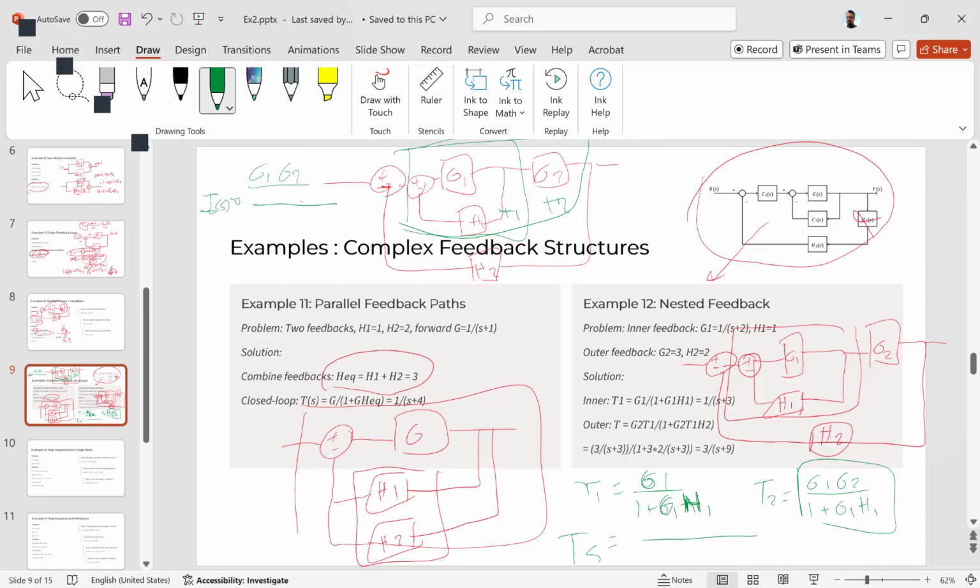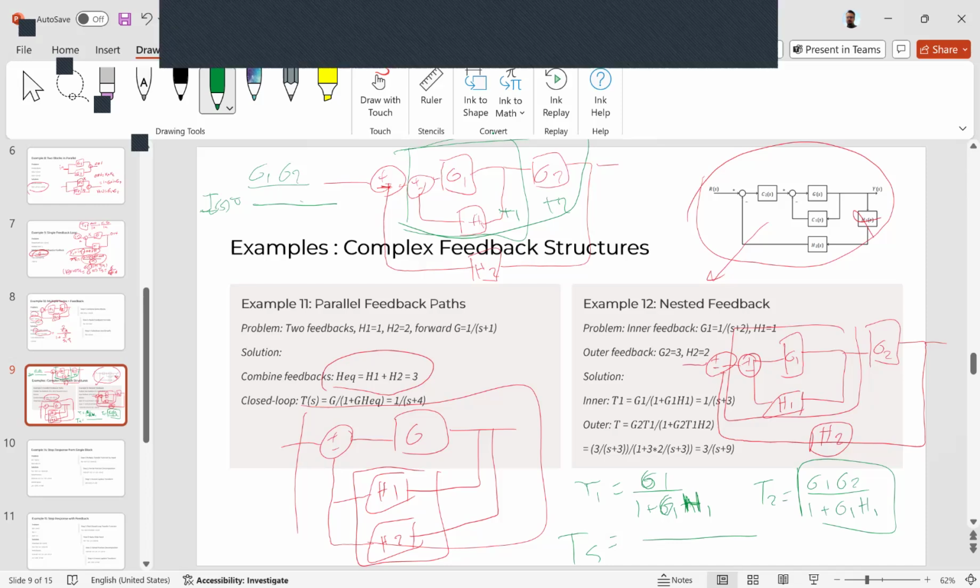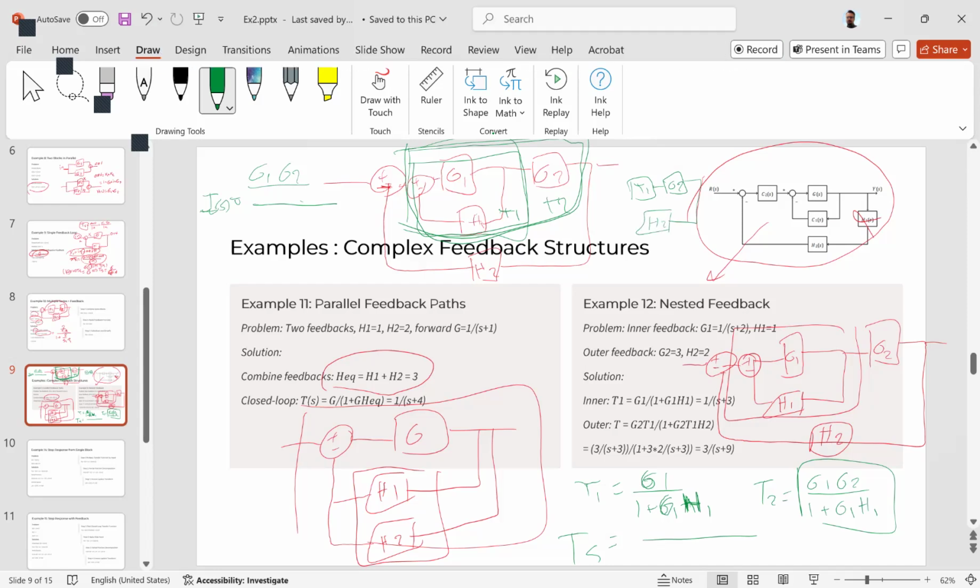No. T2 is the equivalent of the whole system here. T1 is a block here. So when you have a T1, actually your block diagram becomes T1, G2, feedback by H2, and this is going to be your situation. Is that clear? Yeah.